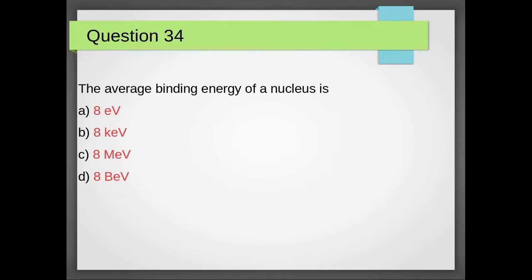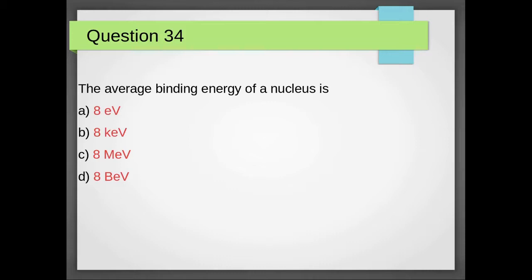So that line stabilizes at around 8 to 8.8 mega electron volts, and that's where a nucleus is the most stable. Nuclei with mass numbers less than 30 and nuclei with mass numbers greater than 170 tend to be unstable because of the low binding energies.